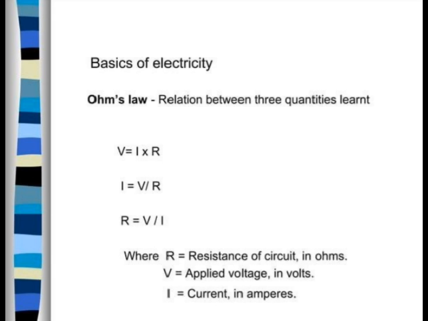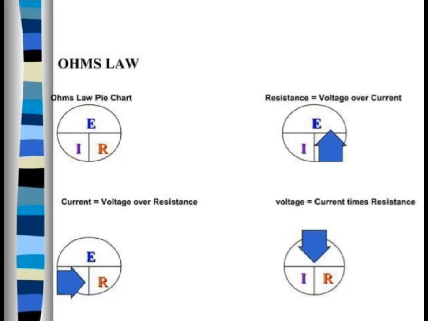Mao na siya ang Ohm's law. So, mao na siya ang mga formula nga gamiton sa pagkuha or pag-solve sa kung pangitaon ang voltage, mao na siya ang iyang formula.